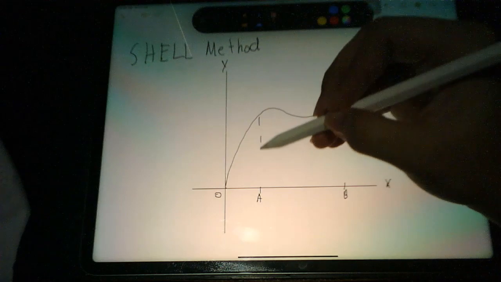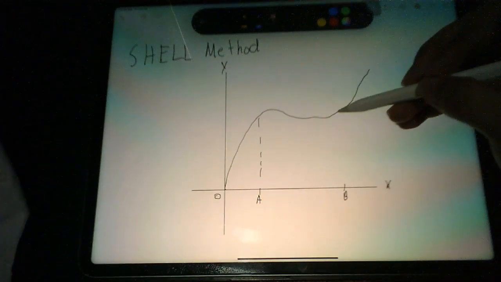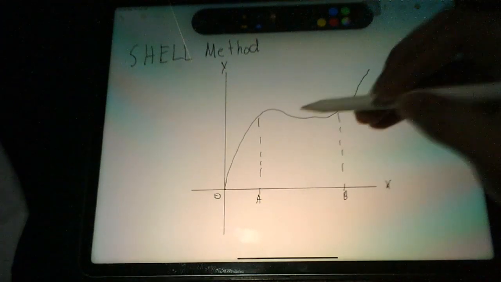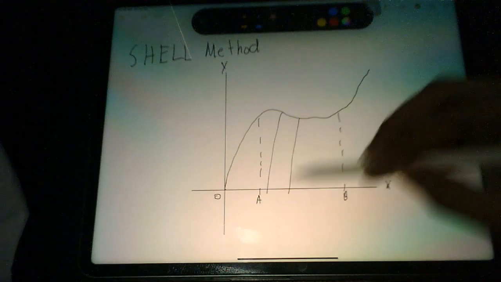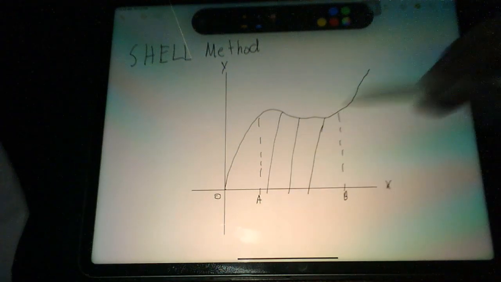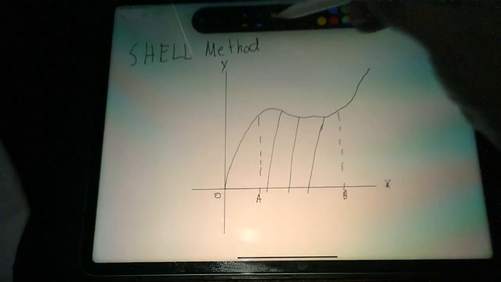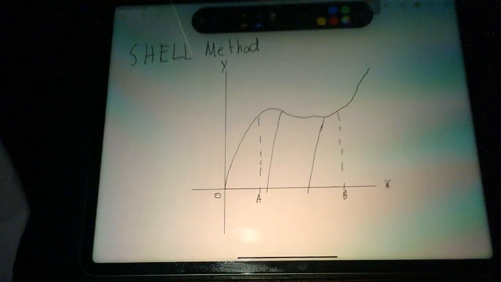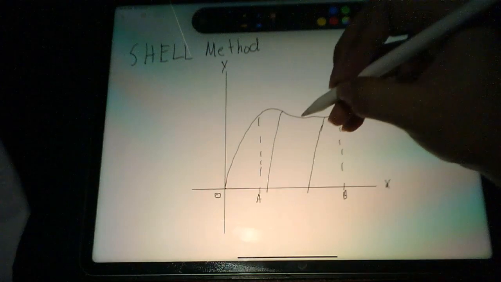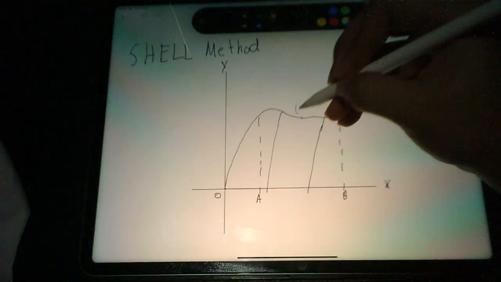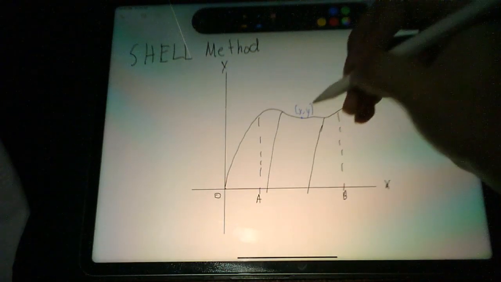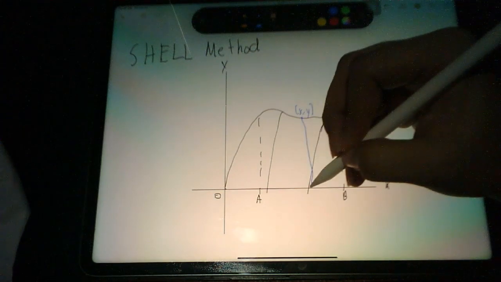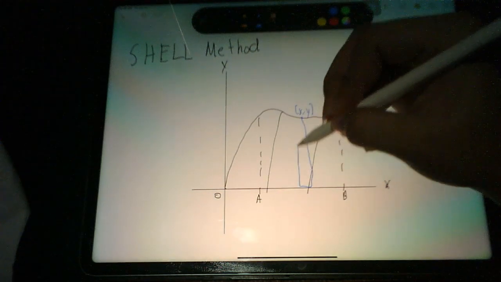Now this is our area of interest. Now we are going to put a point here. This indicates x and y, and we need to make a vertical strip.